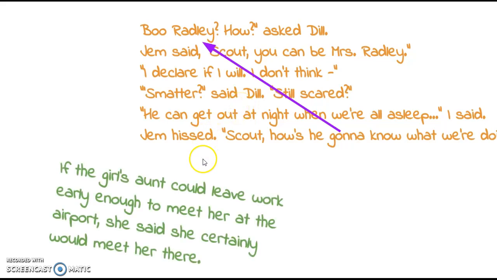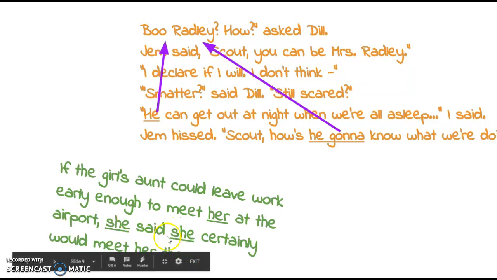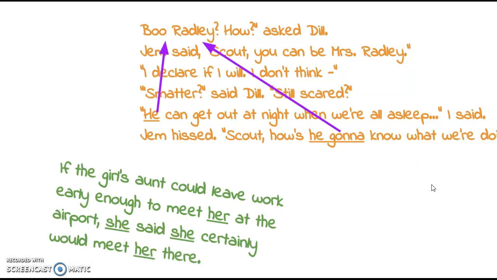Oh, and this one. The girl's aunt. Who's picking up who where? All right, so let's start with this first one. He, what's it mean? That might be the confusion. Well, he refers back to Boo Radley, so we're going to know it's Boo. This will be a little bit better. Here we have her, she, her. These are all of our pronouns. All right, the girl's aunt could leave work early enough to meet her.